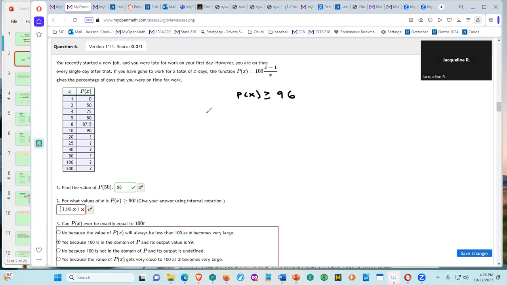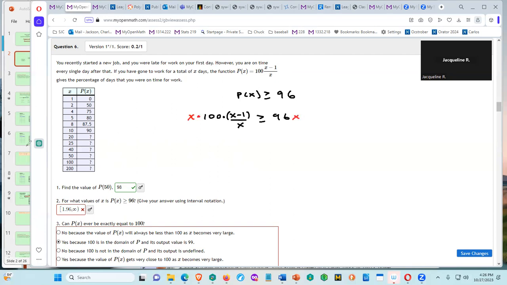P of x is 100 times (x minus 1) over x, greater than or equal to 96. We'll clear the fraction by multiplying both sides by x.